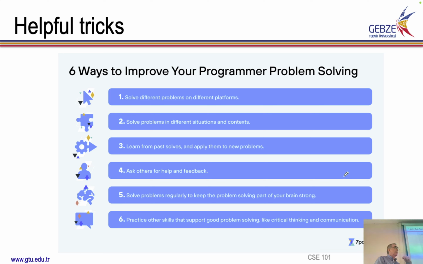Siz şimdi öğrencisiniz, hackathonlar, yarışmalar, arkadaşlarınızın düzenlediği etkinlikler, hepsi sizin problem çözme yeteneğinizi geliştiriyor. Bunlara soft skill diyorlar. Soft skill'ler çok önemli yeni dönemde. Aslında soft skill dedikleri problem solving techniques, yani aynı şey.